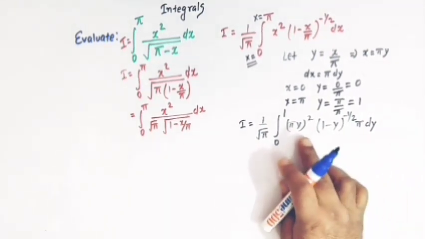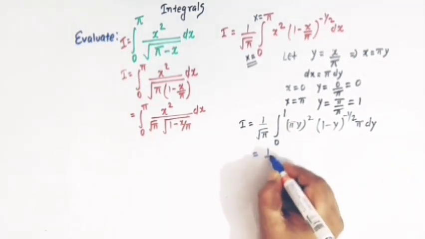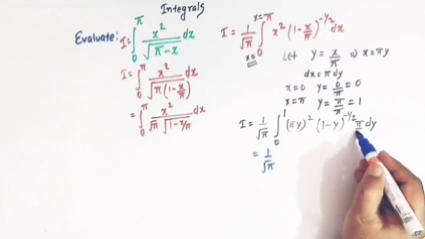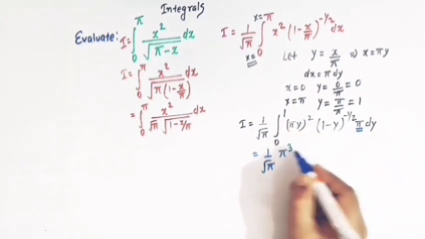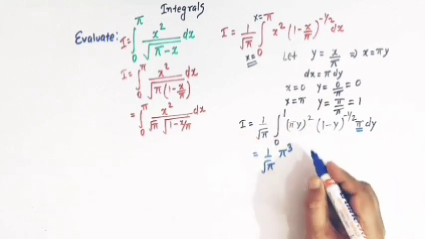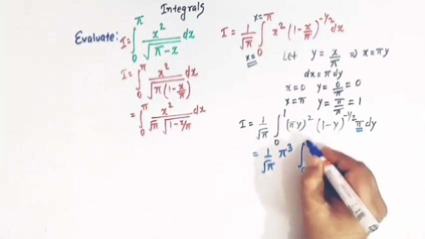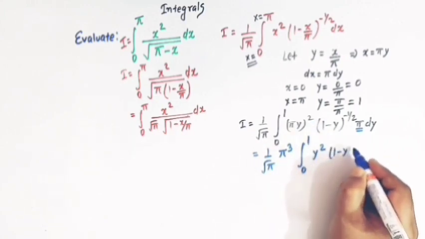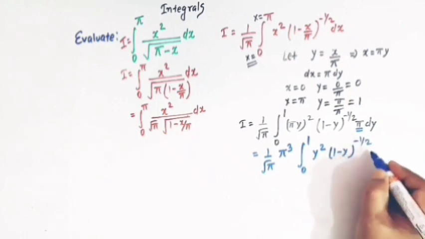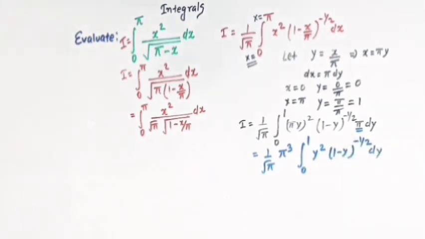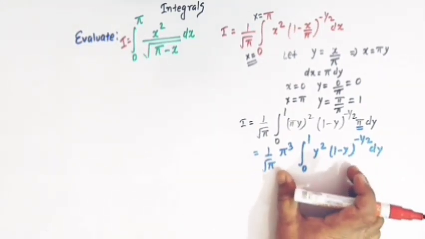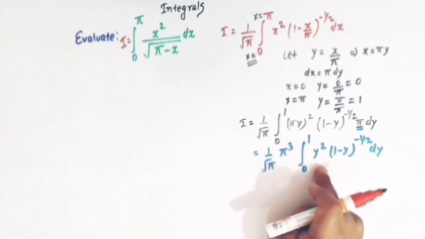So let us arrange the terms here. We have 1 over root π, and here we have π² and here we have π, so π² times π is π³. We can take π³ outside the integral sign. Then we have 0 to 1, y², and (1 − y) raised to −1/2, dy, right? Now let us again rearrange this integral.